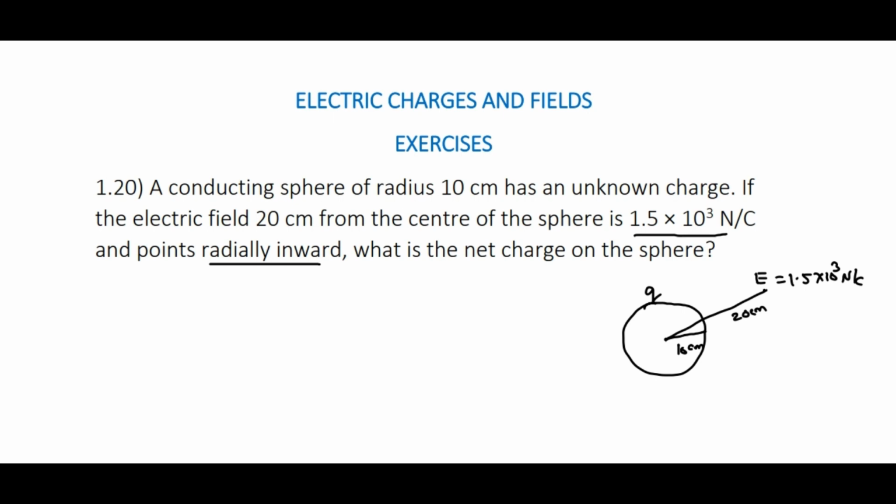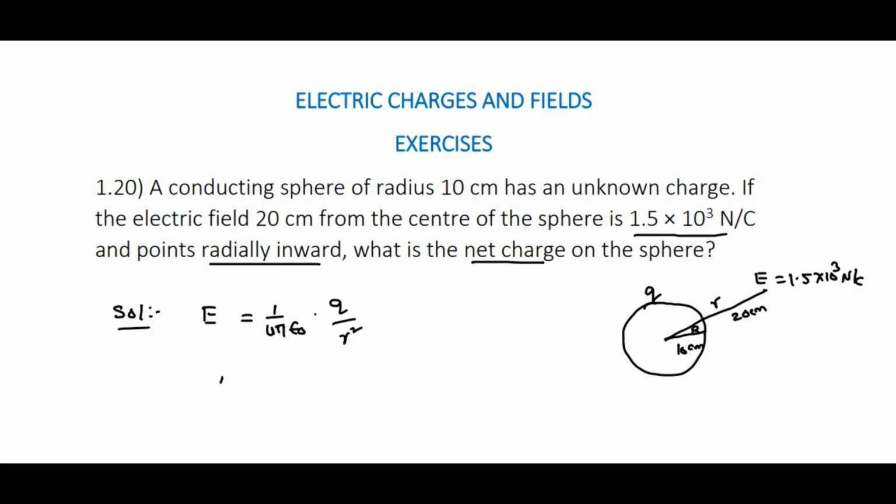Now we need to find out the net charge. Actually, the electric field due to charged sphere E is equal to 1 by 4 pi epsilon naught into Q by r square, where small r is this 20 and capital R is the radius of the sphere you can assume.